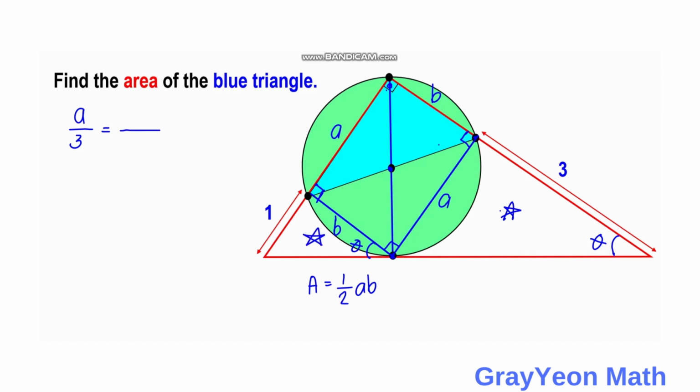So for this angle theta, the opposite side is 1 unit and the adjacent side is B. Okay, so we just need to cross multiply. So we have here AB is equal to 3.